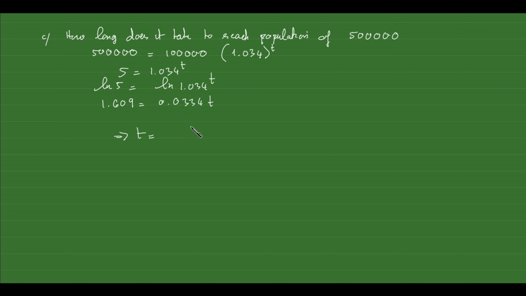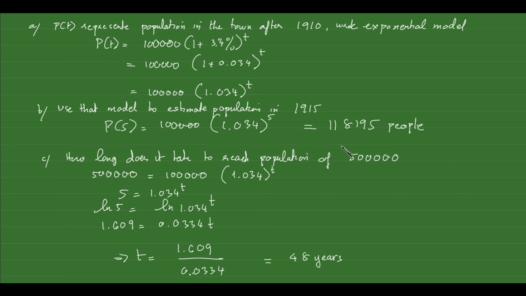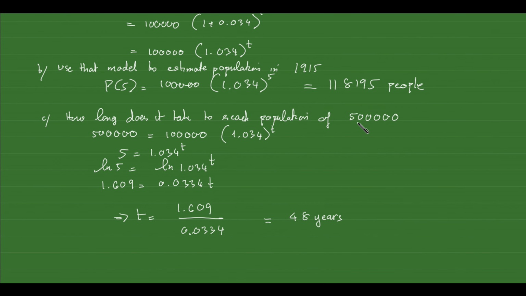So t will be 1.609 divided by 0.0334. Divide that, which gives you 48 years. Alright, 48 years, guys. So it took 48 years for the town to reach a population of 500,000 people.